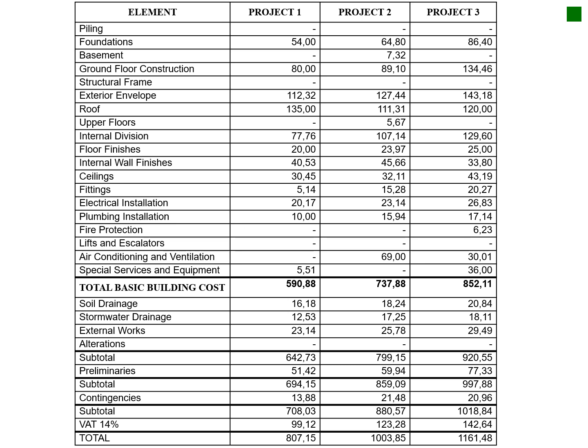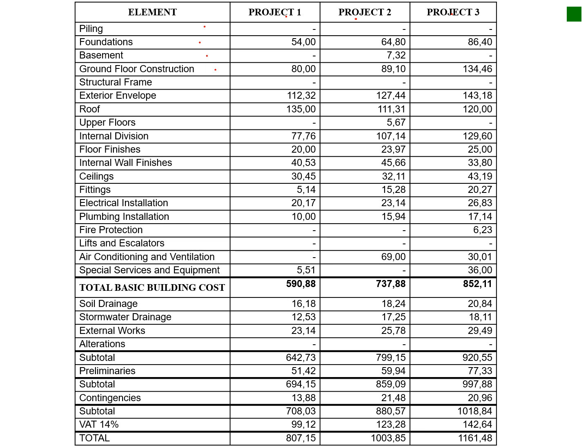So for your historical projects, you had project 1, 2, 3, and you can see there are different elements in your estimate. You've got piling, none of these projects had piling. You had foundations, which were of a certain cost, your basement, your groundworks.